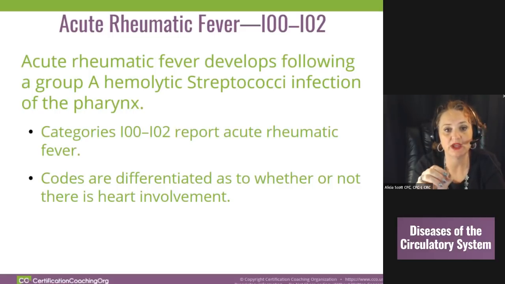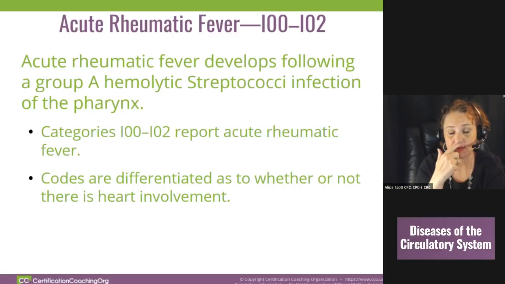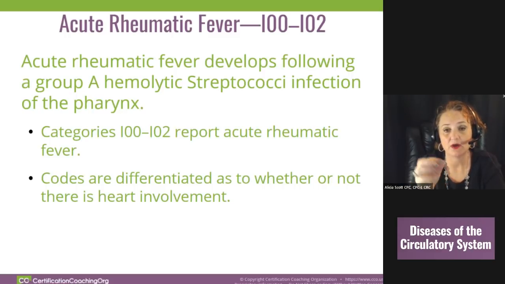Make sure that when you look at the codes I00 through I02, they're going to want to know if the heart was involved, because rheumatic fever affects the heart. So I mentioned that it affects the reproductive system and it affects the ears, but that's because of really the fever itself. So a rheumatic fever can cause a high fever. High fevers will destroy the gonads, whether they're male or female gonads, and then will destroy the inner parts of the ear.